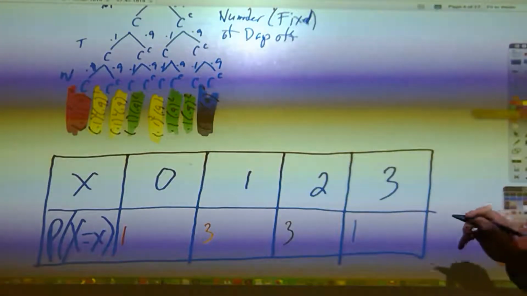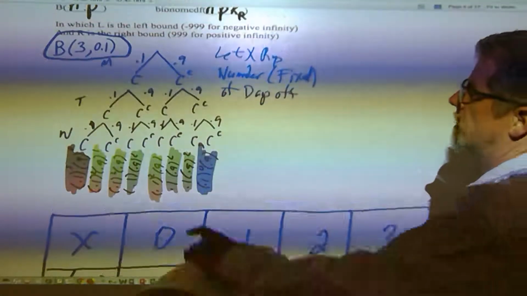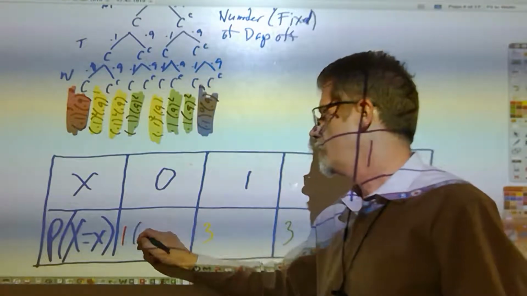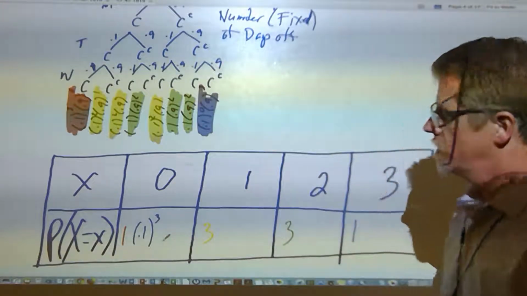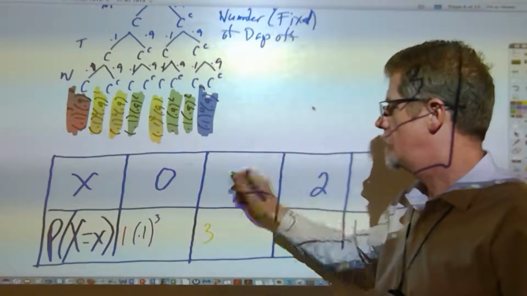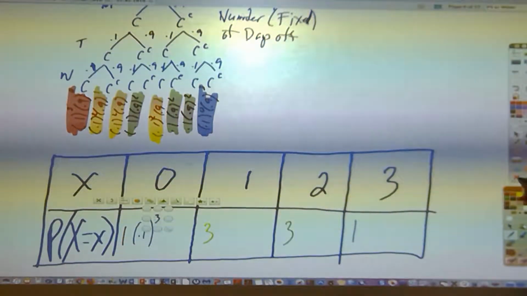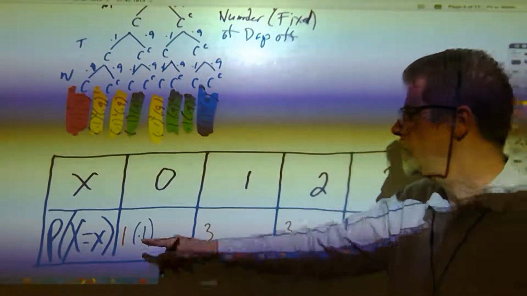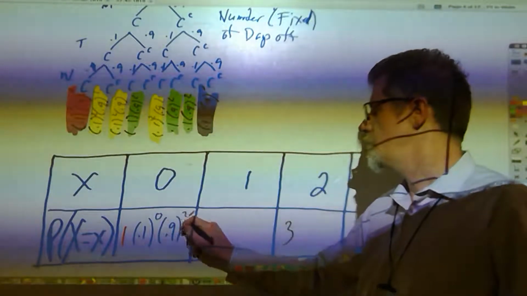And then we've got 0.1 as the value here. So we're going to go 0.1 to the third. And actually, no, we want 0.1 to the 0 first. I'll tell you why. The reason we want to write 0.1 to the 0 is because there's a 0 here. 1, 0.1 to the 0, 0.9 to the third.